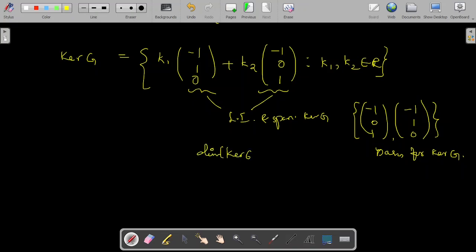Dimension of kernel G equal to 2. That is nothing but nullity of G. So we got the nullity of this transformation.